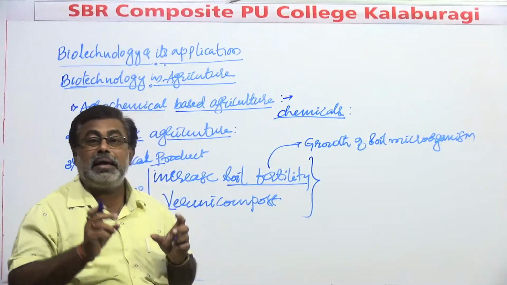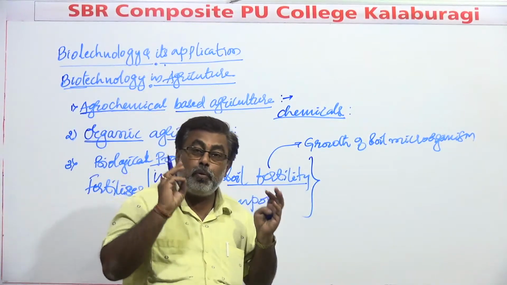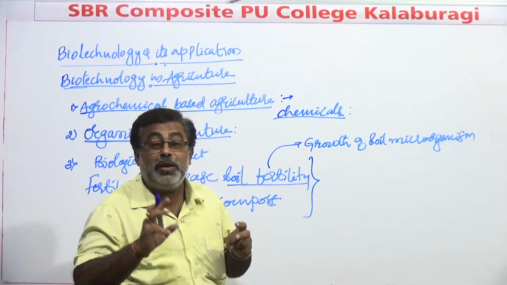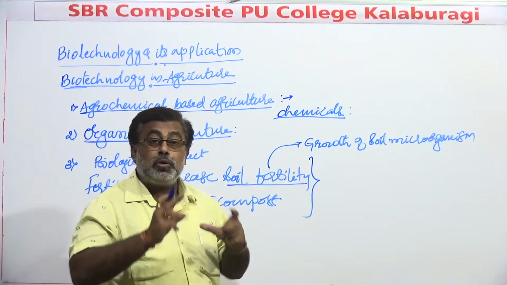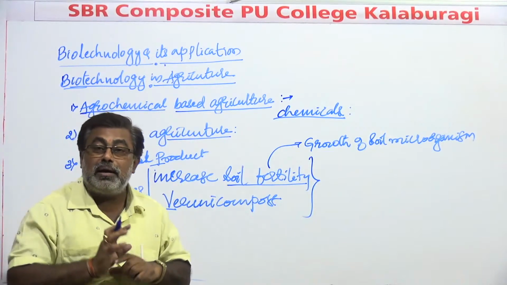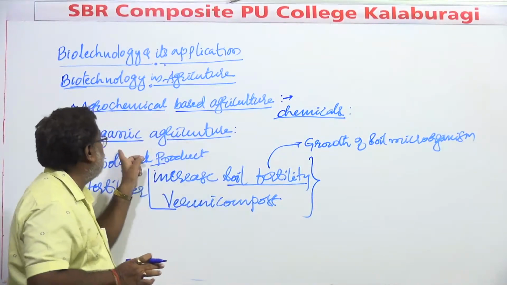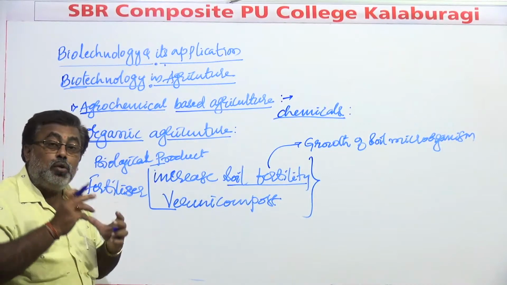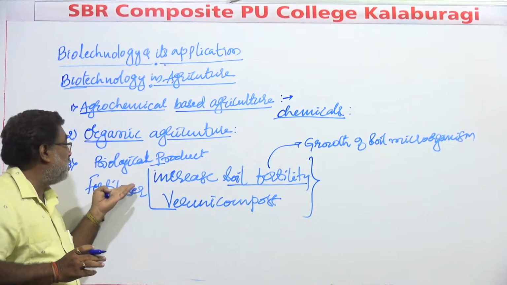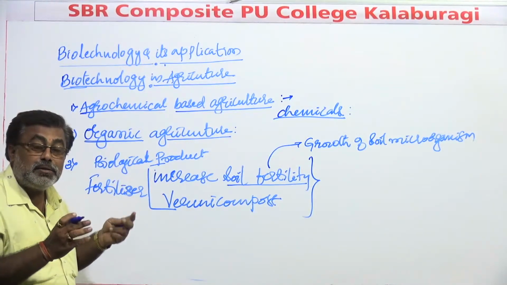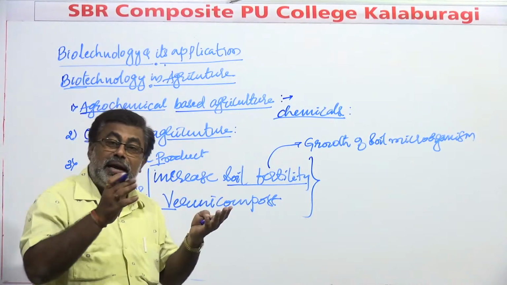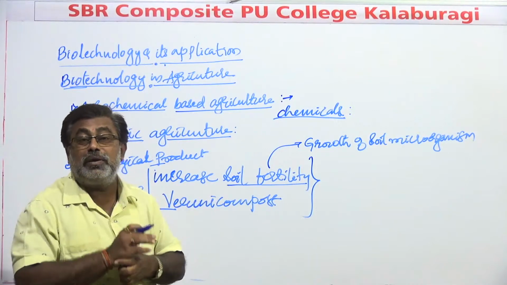The cost of the chemical fertilizers, insecticides and pesticides will be more, so that will cause a burden to the farmers. But by using organic manure there is no such cost. The cost will be low because the dead remains of plants and animals are decomposed and utilized.